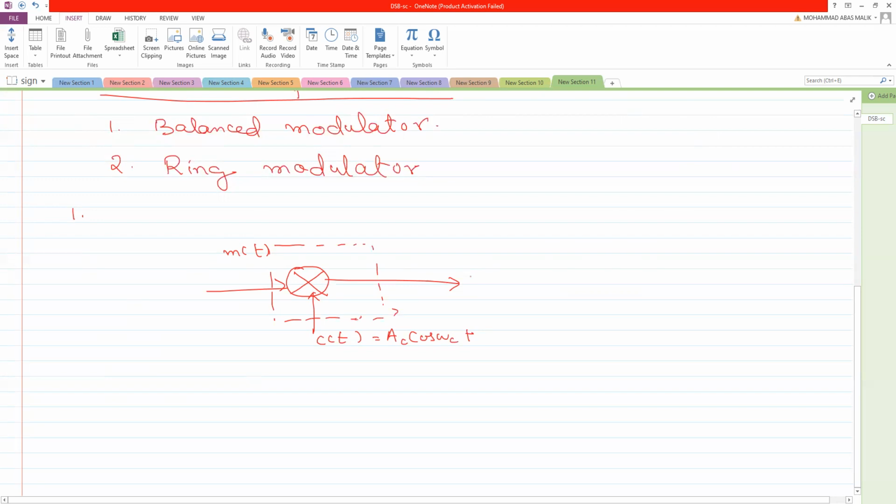Then at the output, you get y(t) equal to x DSB suppressed carrier, and that is equal to Ac m(t) cos(omega c t). That means you don't have any separate carrier, and in this way you have suppressed the carrier transmission and hence saved the power as well as spectrum, right?